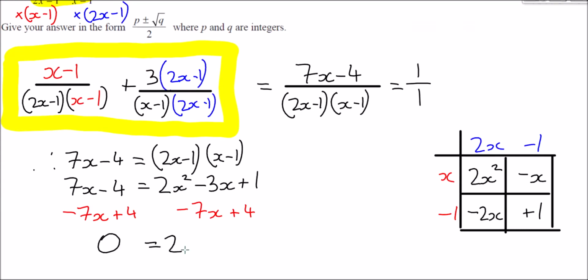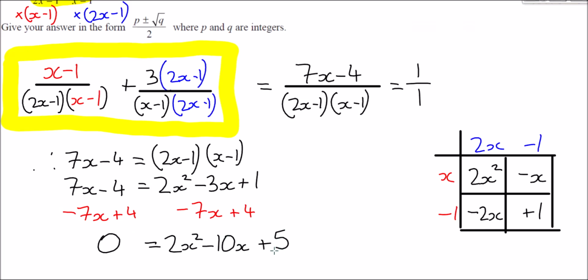On this side, we've still got the 2x squared. Minus 3x minus another 7x is minus 10x's. And 1 plus 4 is plus 5. So 0 equals 2x squared minus 10x plus 5.